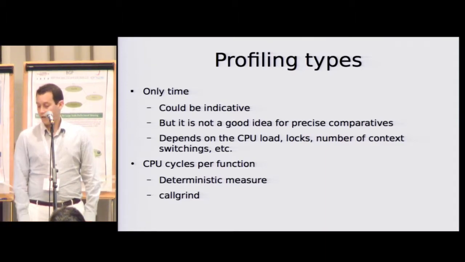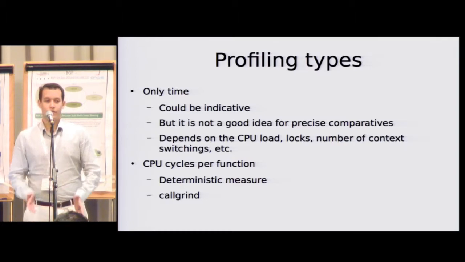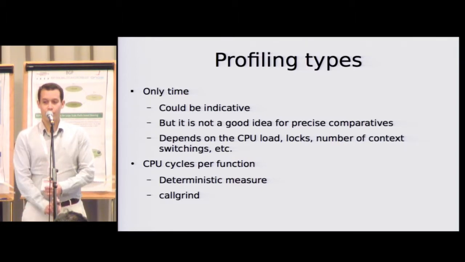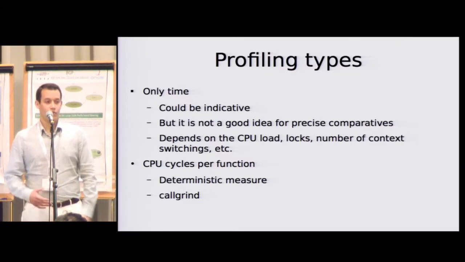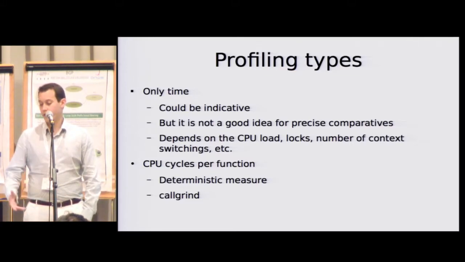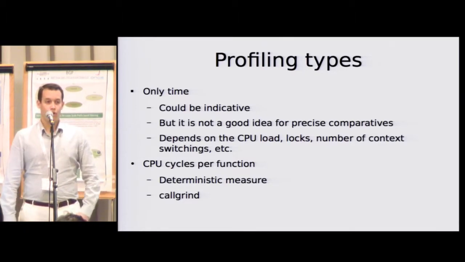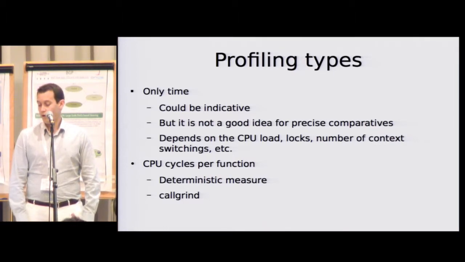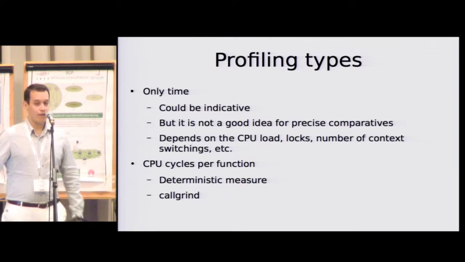It could be indicative for people, but for comparison it's not so good, because it depends on the CPU load, the logs, the number of CPU switches and so on. So we decided to apply profiling to count the number of CPU cycles per function call. For that, we use the Callgrind tool, which helps us measure this kind of profile.